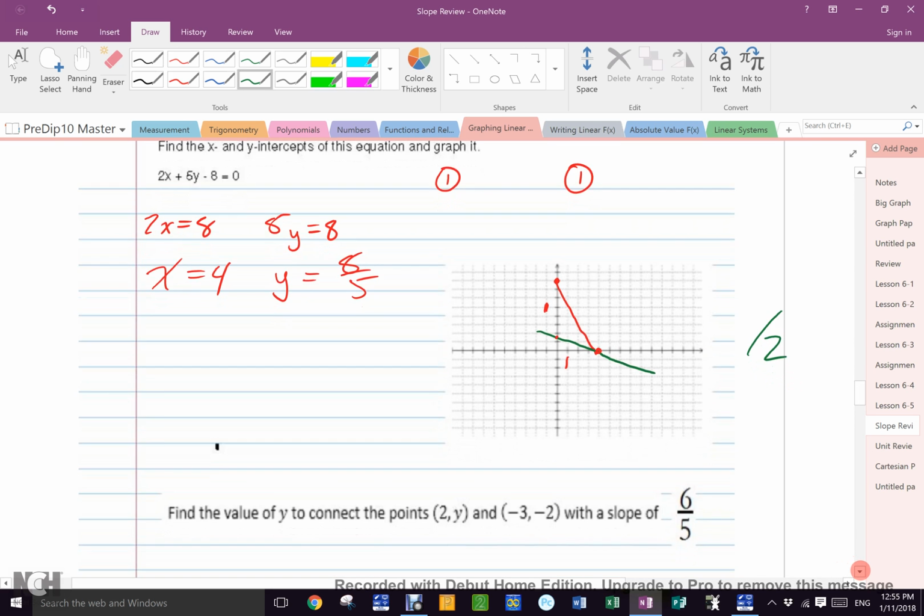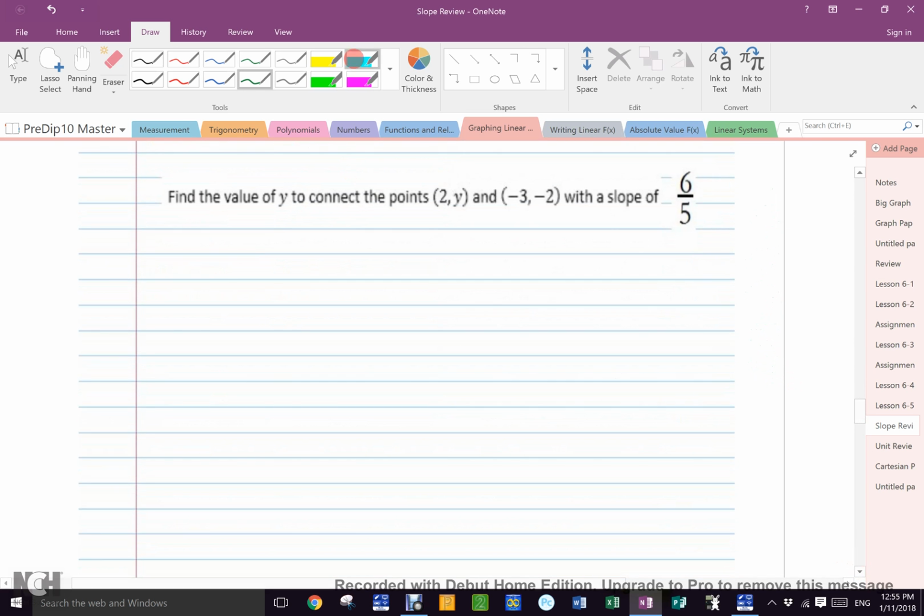All right, this one's easy peasy. I have an X and a Y. And then I have a second X and a Y. And then I have a slope. And of course I know that slope equals a Y minus another Y over an X minus another X. And of course I fill that in. 6 over 5 equals, I like to put the Y first.